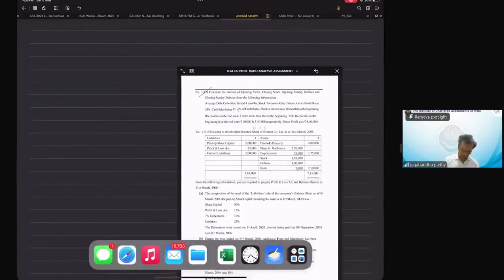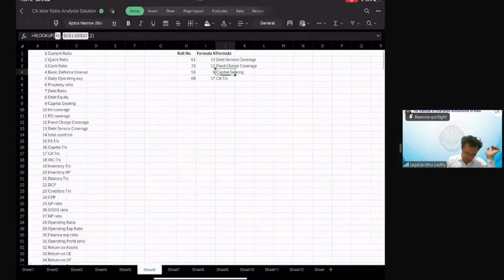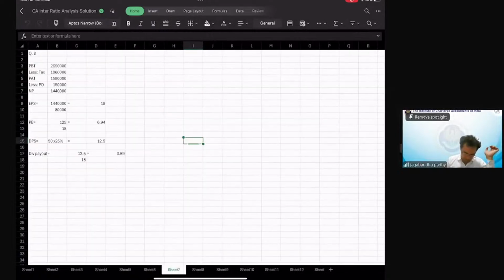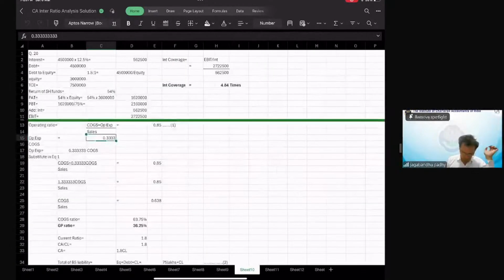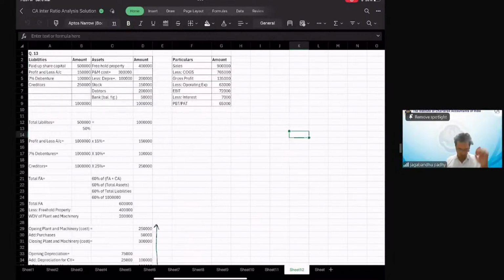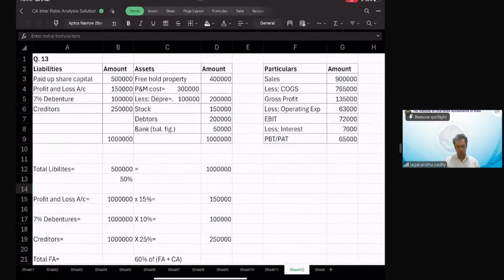Right? First, have a look at the balance sheet. Is it matching? Pick your answer. Then we look at the detailed solution one by one.